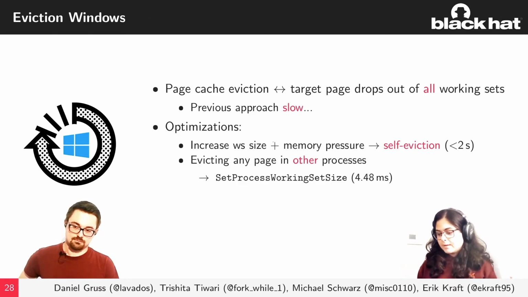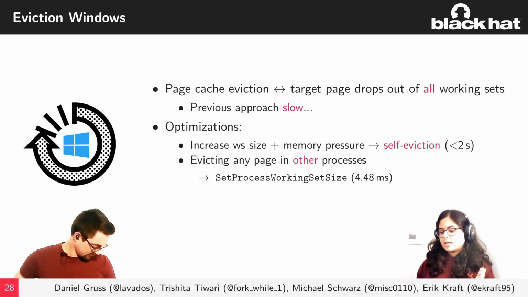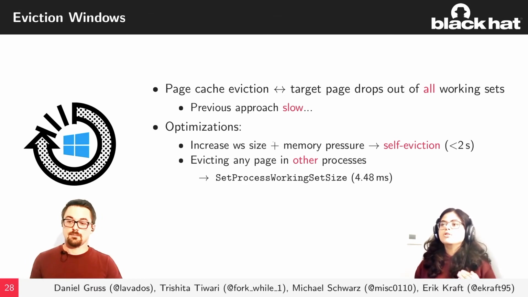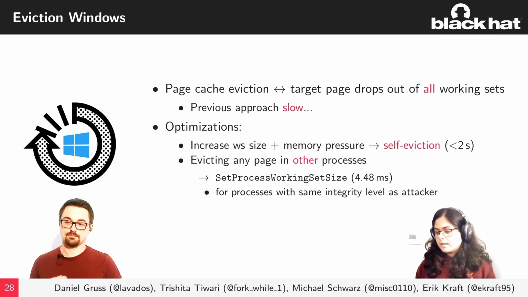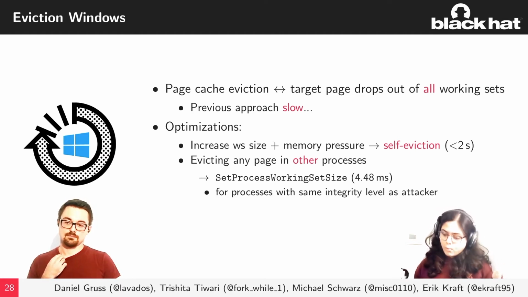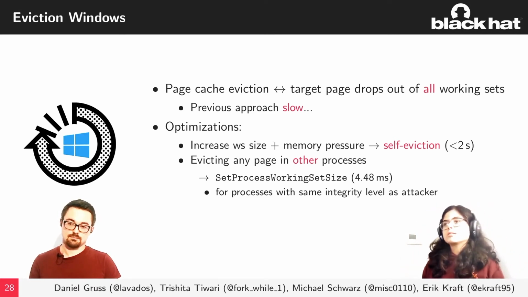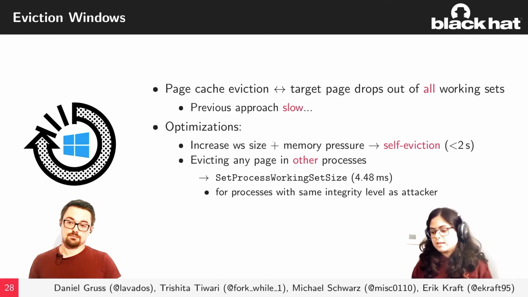You can also evict pages in any other process. By using SetProcessWorkingSetSize, you can limit the working set size and induce eviction in another process if you want to. This works for processes with the same integrity level as the attacker, so it won't work with a victim process that's more privileged than the attacker.